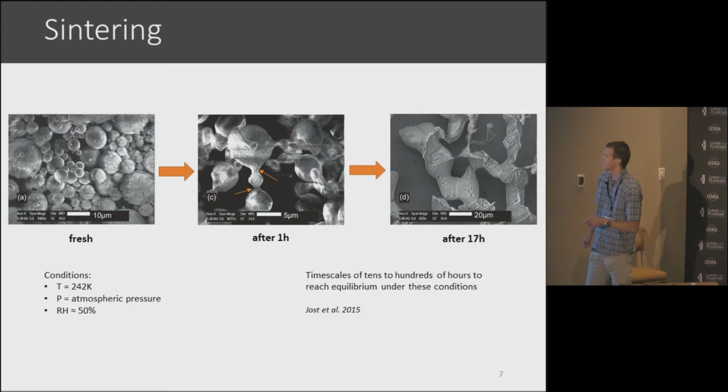We see here these bonds where particles grow together and create this compaction, and of course now the surface area is smaller than before. When we leave the particles for a night, they get completely irregular.